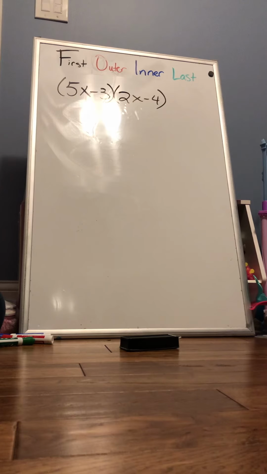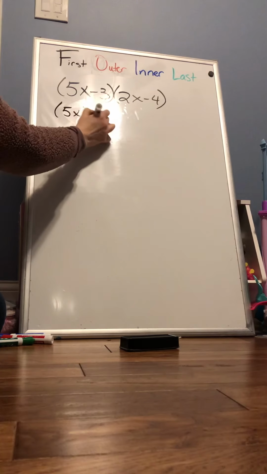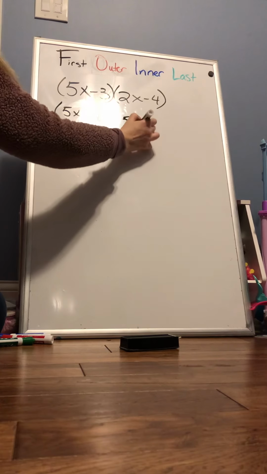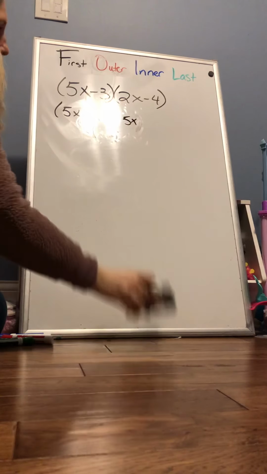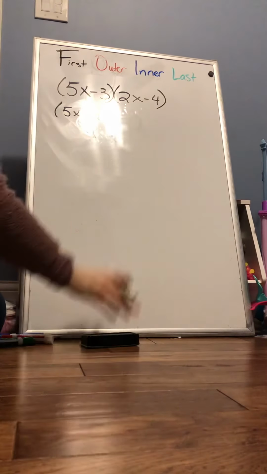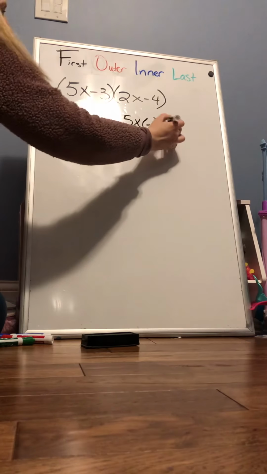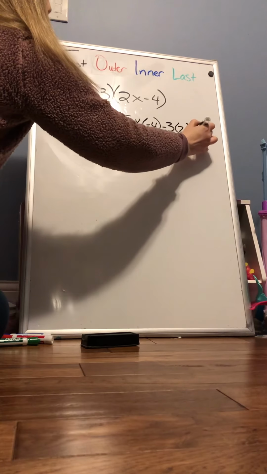So we have 5x minus 3 times the quantity of 2x minus 4. I'm going to say first, outer, inner, last.